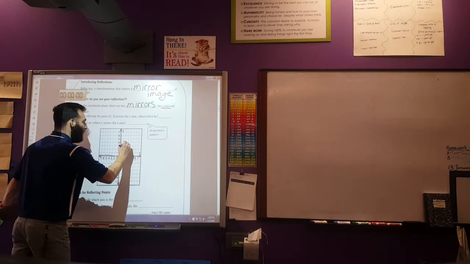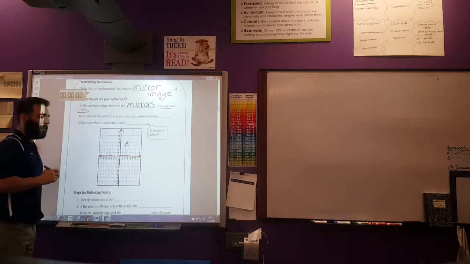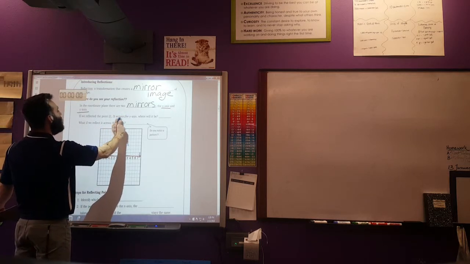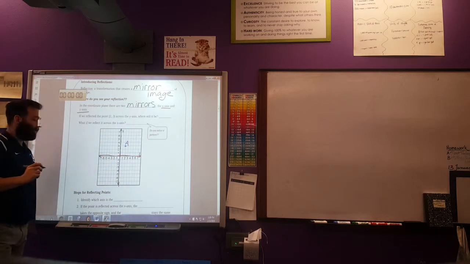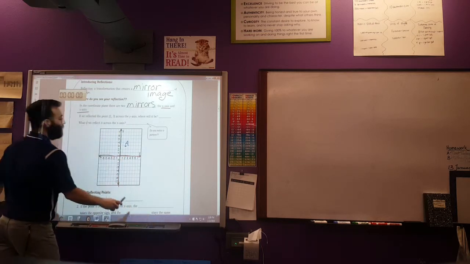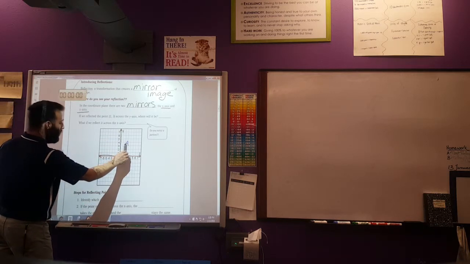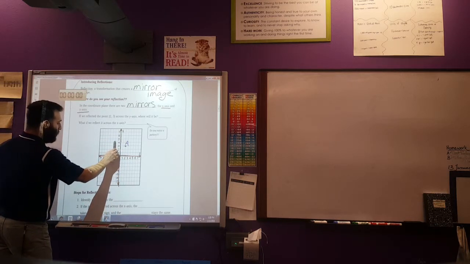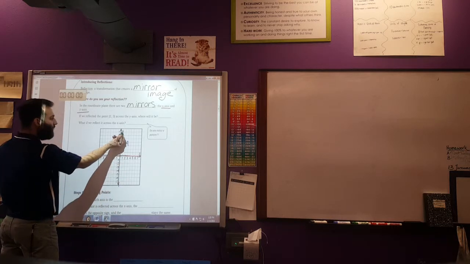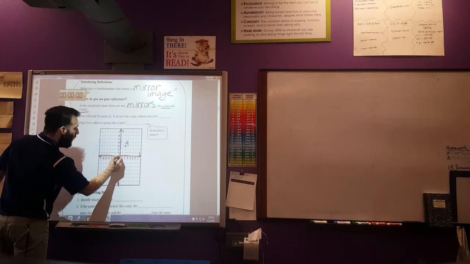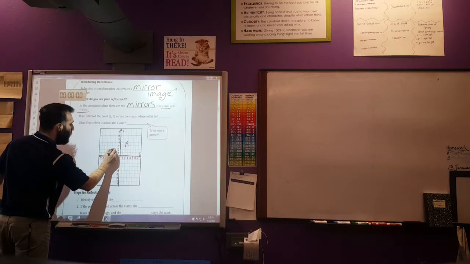And I'm just going to label that A. Now, if I wanted to mirror this, reflect this across the y-axis, first thing I'm going to do is find the y-axis. That's this one running up and down. And I know that I need to find its mirror, which is going to be on the exact opposite side of y. So I'm going to move over 1, 2, and then go up 1, 2, 3.